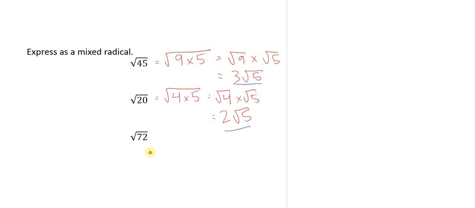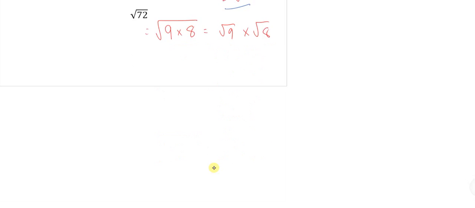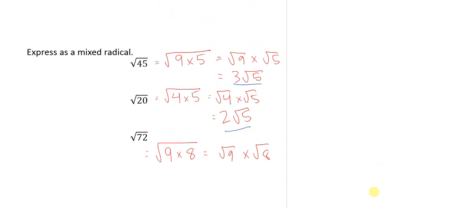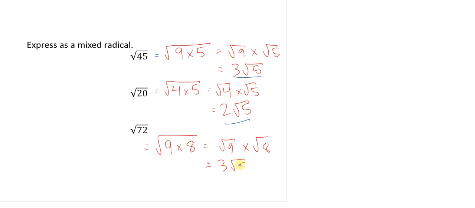Last one. Square root of 72 is equal to root of 9 times 8. Right? 9 times 8 is 72. So again, this is root 9 times root 8. Well, root 9 is equal to 3, so we have 3 root 8.